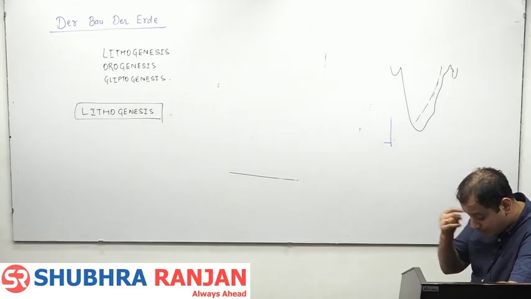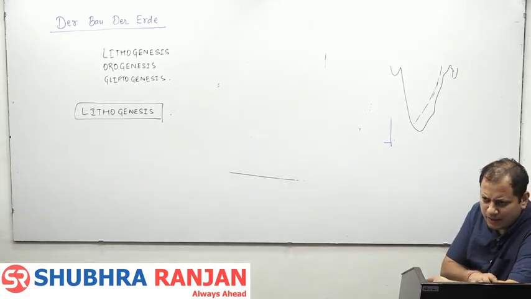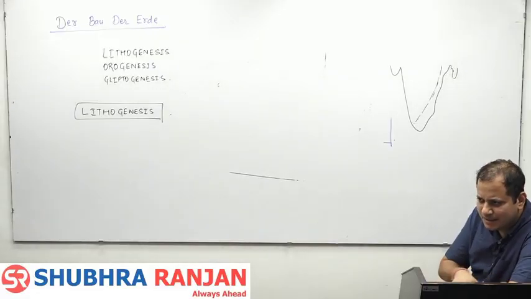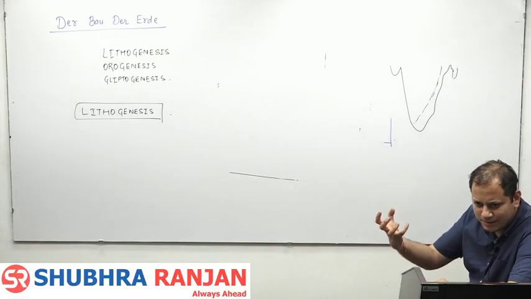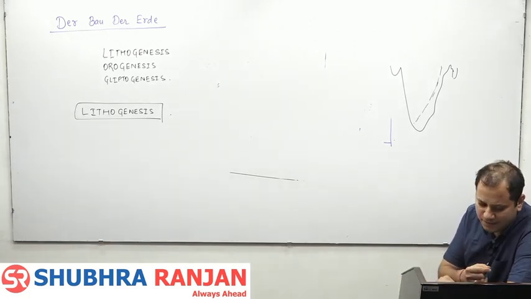Eroded sediments are deposited in the geosyncline. What will happen after that? You already know. After sedimentation, what will be the next point? Subsidence. Fine. So let's continue in the first stage itself.